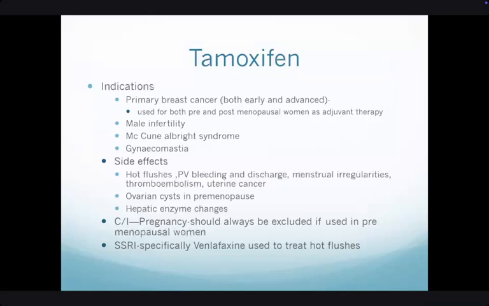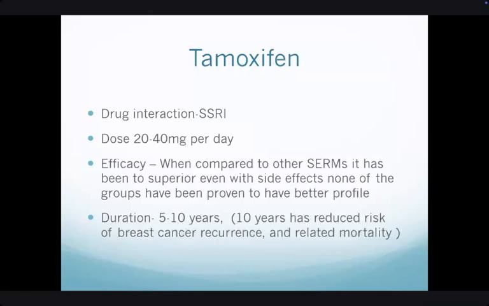It's contraindicated in pregnancy, so if it's used in premenopausal women, which it usually is, pregnancy should be excluded. For women who experience a lot of hot flashes in this group, an SSRI, specifically venlafaxine, should be used. Note that all the other SSRIs are not recommended because of drug interaction. The dose is 20 to 40 milligrams per day.